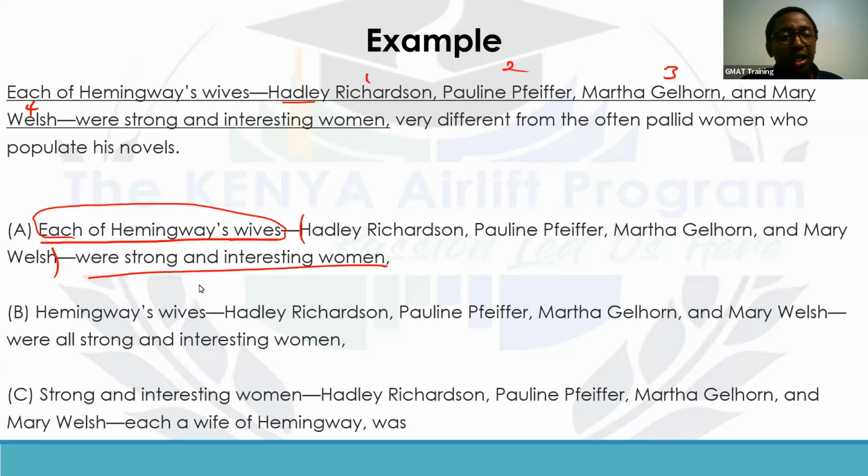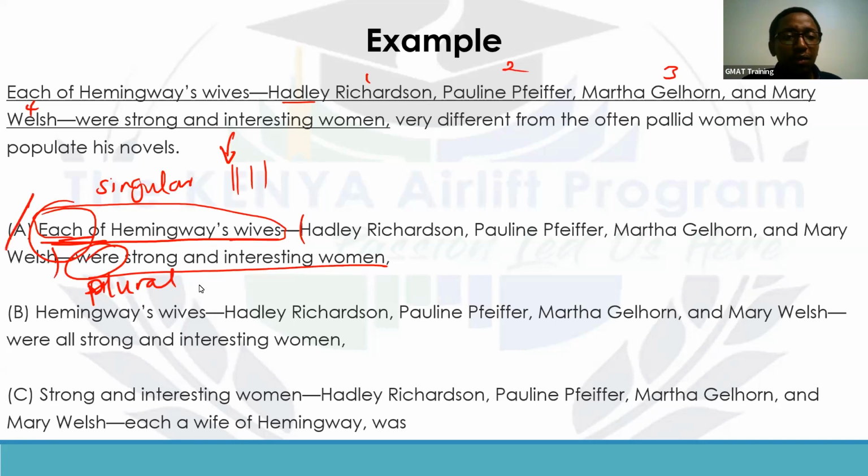But when we say each of Hemingway's wives, in as much as they are 4, we are talking about one every instance. So using each makes this subject singular, meaning we can't use a plural verb there. So A is out.